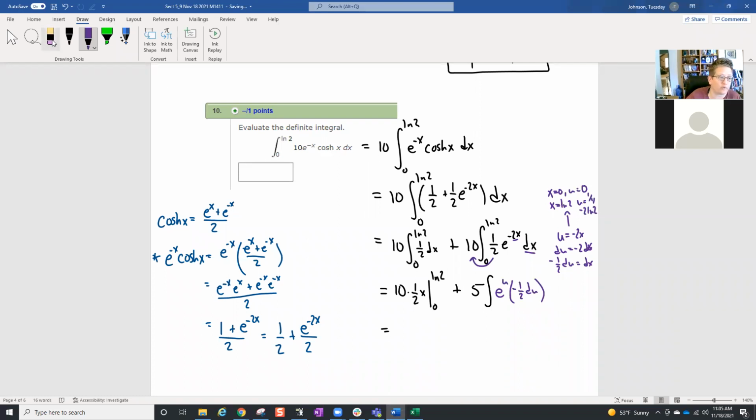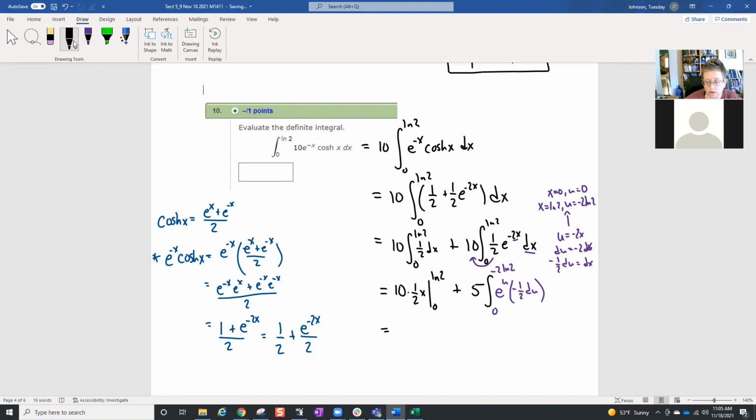It's natural log of 1/4. I'm going to leave it just like that. No, I'm not. I'm going to make it so other people can read it too and not just me. When x equals natural log of 2, u equals negative 2 natural log of 2. This way, I never have to go back to my x values.